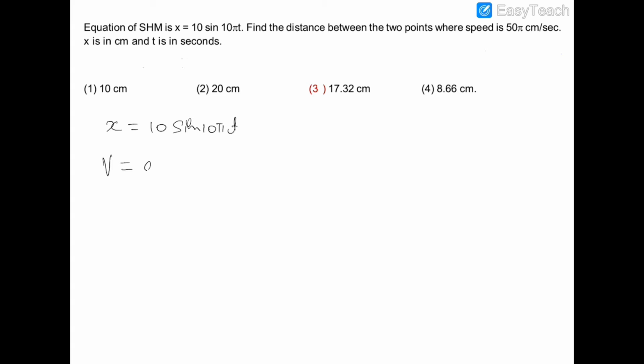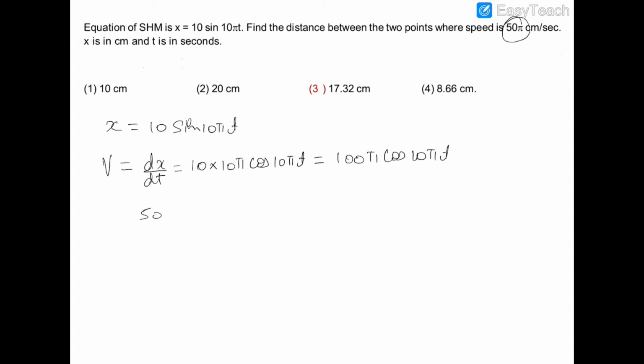So speed function could be calculated by dx by dt, and therefore it is equal to 10 into 10 pi cos 10 pi t. So it is equal to 100 pi cos 10 pi t. So let us first of all find out the time, or the phase of that position, where this speed would become 50 pi.